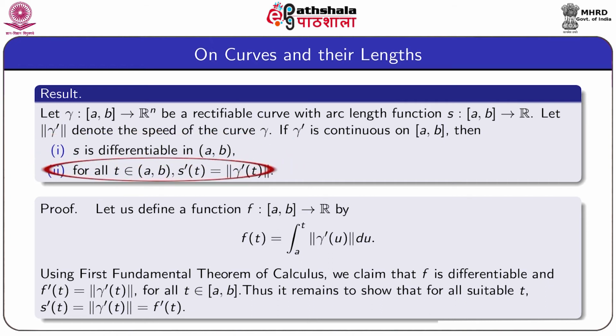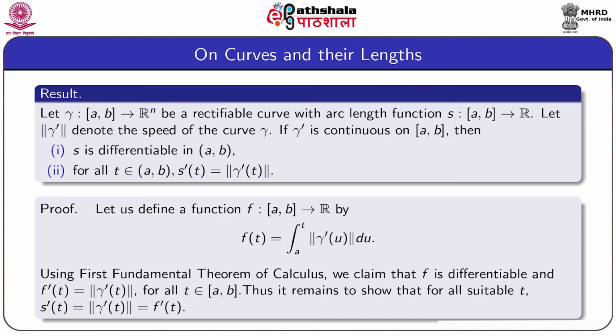Secondly, for every t in the open interval (a, b), S'(t) is nothing but the norm of gamma'(t). We shall prove this result, but before that, we notice that if this result is true, then our earlier proposition is also true. We proved the inequality, so it will now be equality.